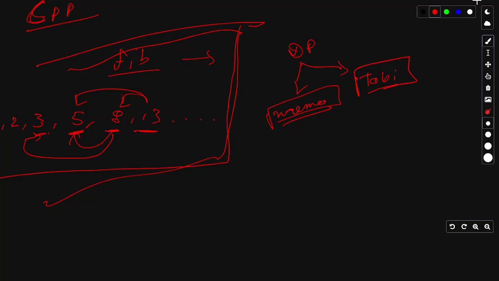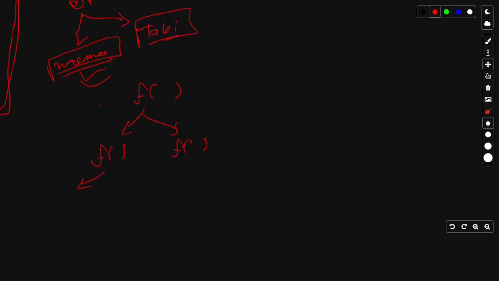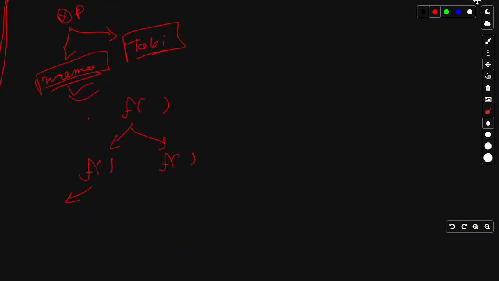Memoization is about when a function is broken down into smaller functions, into smaller functions, until they reach a base case.